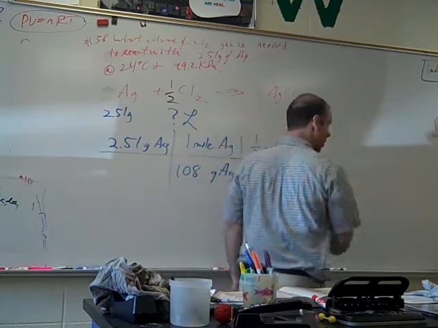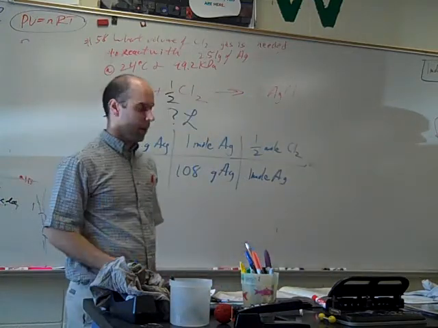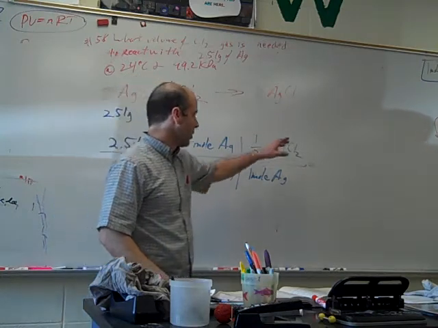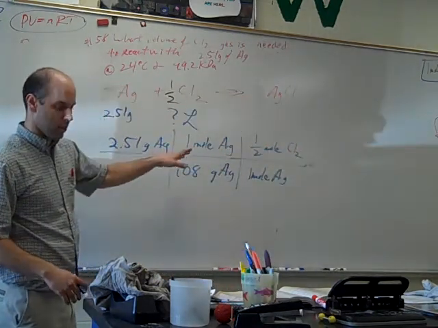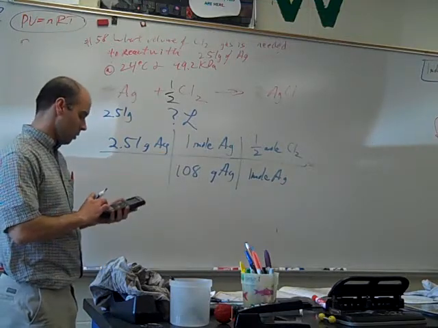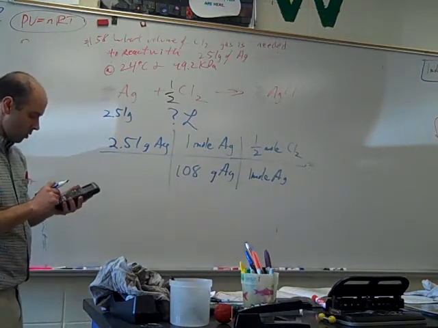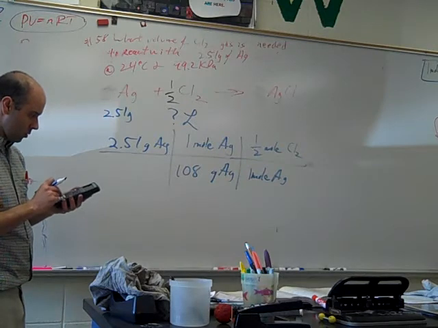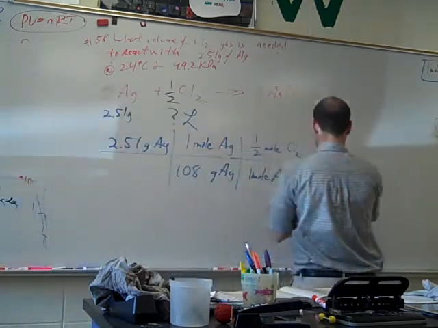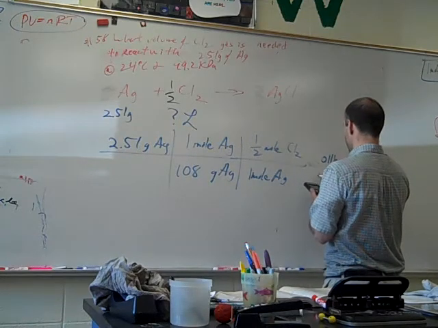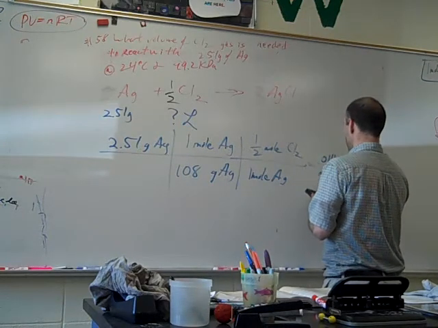Now normally, with regular stoichiometry, we would then convert that to grams. But since we're doing gas laws, we're going to stop right here and find the number of moles. And I get 0.0116 moles of chlorine gas.